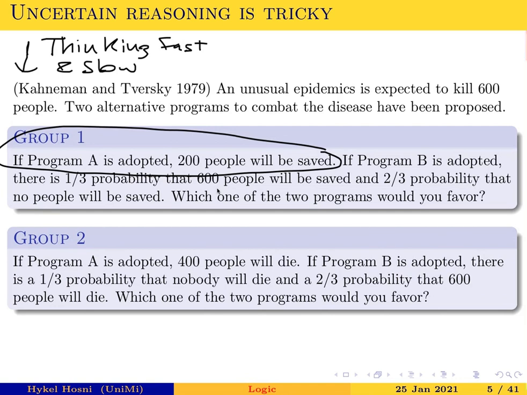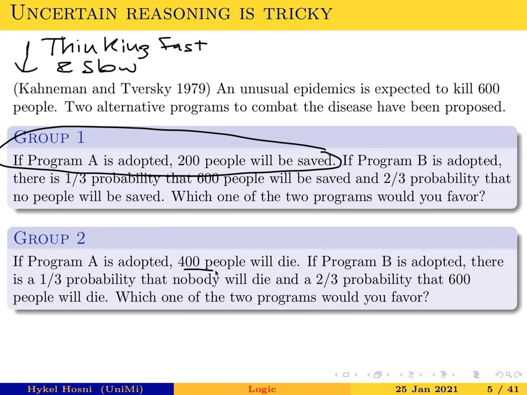But what is really even more interesting is the comparison with group B, right? So remember, you split your group. Group B states the problem as follows. If program A is adopted, then 400 people will die, okay? So what happens here, you just negate, right?